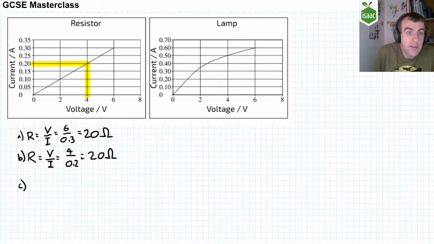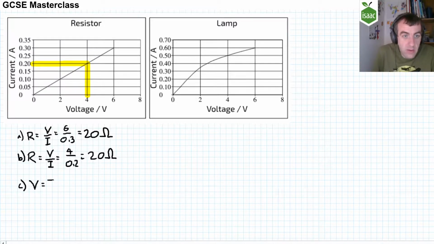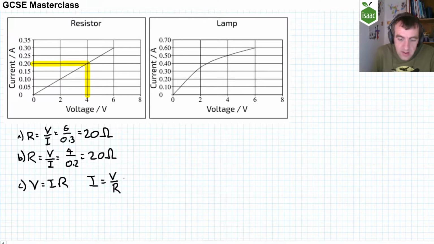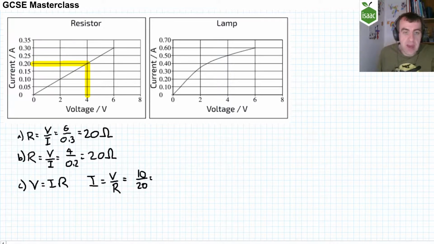We're asked what the current would be expected, so I equals V over R. If we have 10 volts divided by its 20 ohms, because it's an ohmic conductor, we've worked it out once, we've worked it out twice, it's not changed. And so that's going to be 0.5 amperes, 0.50 amperes.